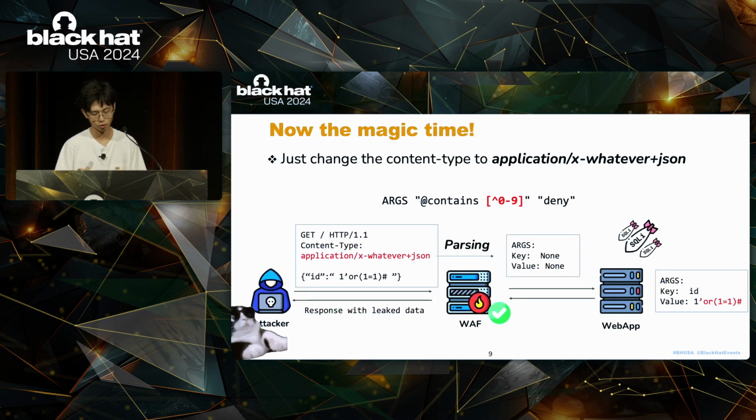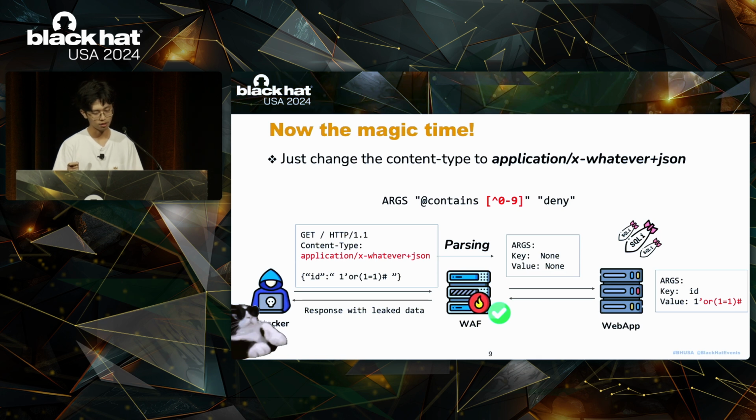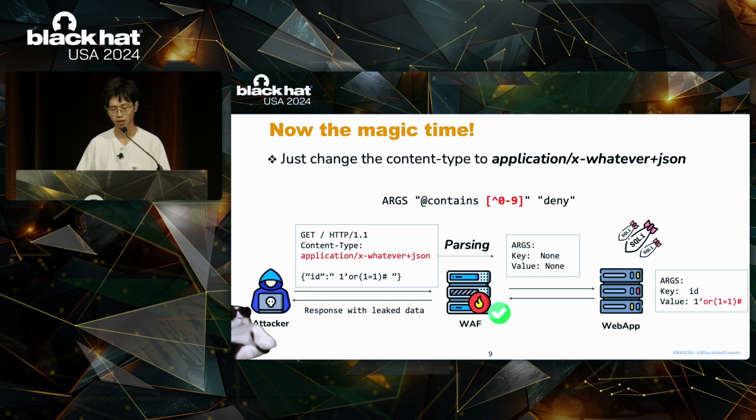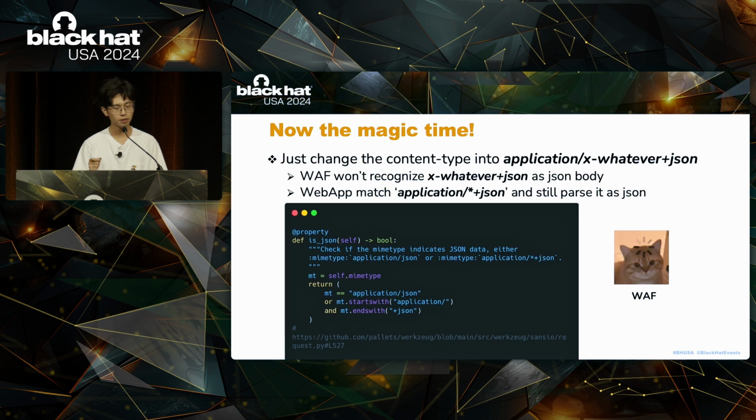Now let me show you the magic. The attacker changed the content type into x-whatever+json, which will make the WAF silent, and the attack can still successfully launch a SQL injection attack on the web application, even if they didn't modify the payload at all.